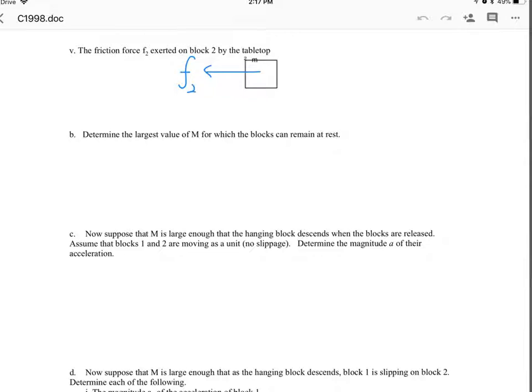So if that object is not accelerating, we have the tension to the right minus friction 2 equals 0. Again, that shows us that tension equals friction 2, but we can't have tension. So we look back and we see that the tension equals big M g.